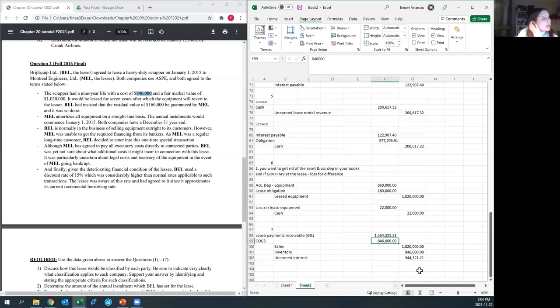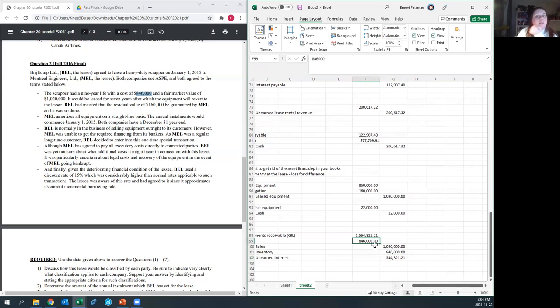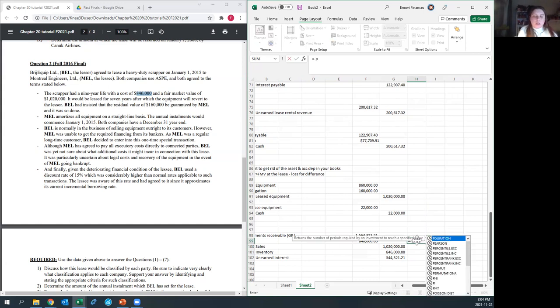For your COGS, again, what you can do also, you can reduce it by your guaranteed residual value, PV it. So basically it would be PV of 15%, 7, no payments. Your future value is 160,000. And type is beginning of the period.